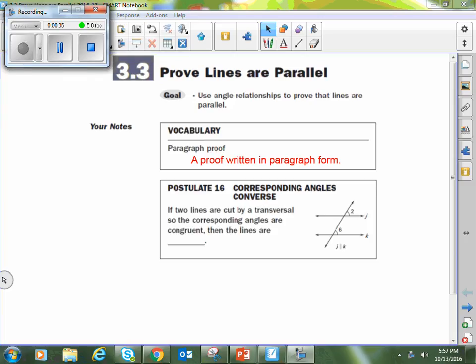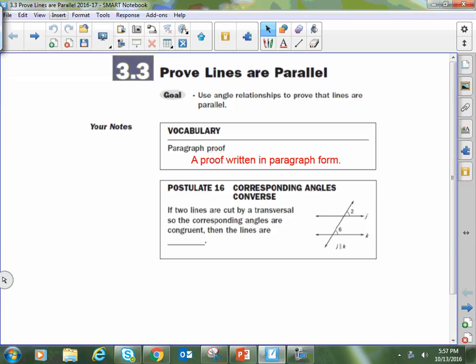What we're going to be looking at in this lesson is a continuation of what we saw previously with our special angle pairs and the relationship of the angles, particularly the measurements of the angles, whenever the lines that we were talking about were parallel when they were cut with a transversal line.